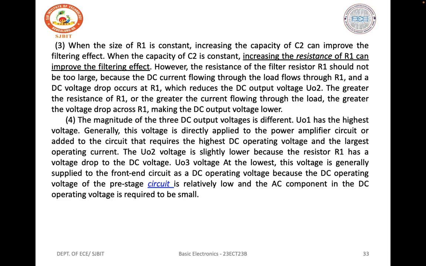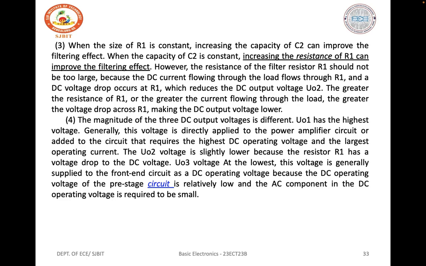Here Vr is the ripple voltage peak to peak amplitude, and the AC voltage developed across C2 is the filter AC output, where Vr is the filter AC input voltage applied across capacitor C1.